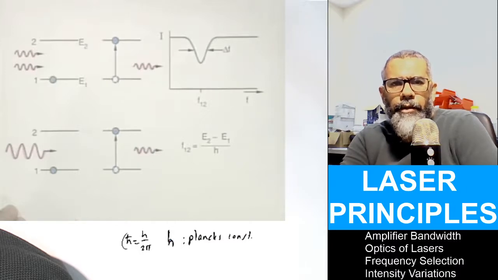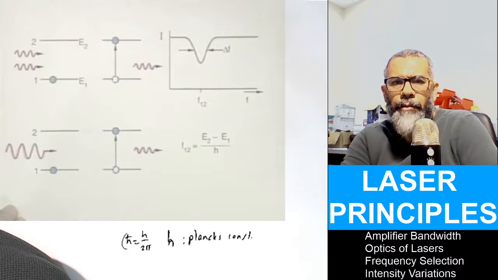If these photons meet the atom at the resonance frequency, we go down to this point, where the original intensity of the incoming light is reduced by this amount.